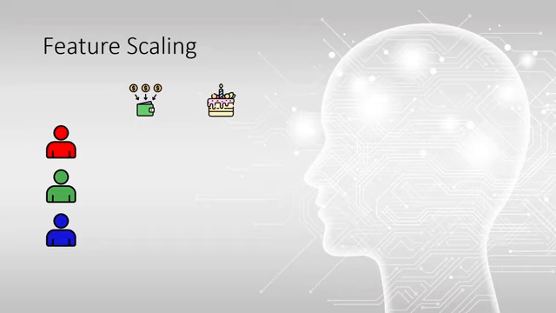Now, here is the data. Red person is making 70,000 a year and their age is 45 years. Green person is making 60,000 a year and their age is 44 years. And blue person is making 52,000 a year and their age is 40 years.